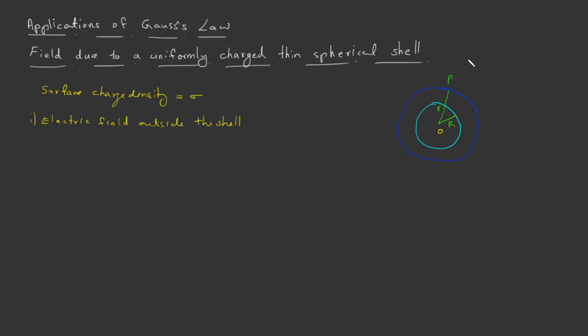This gives spherical symmetry. That is, electric field E has the same magnitude at all points and along the radius vector.